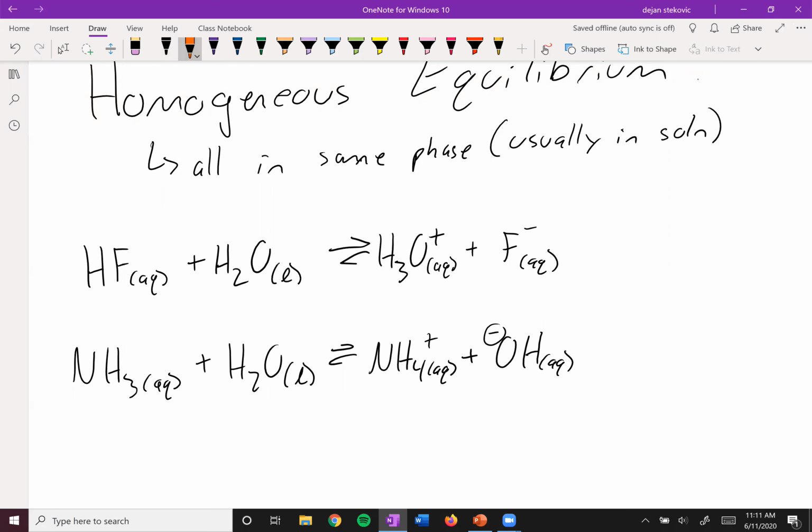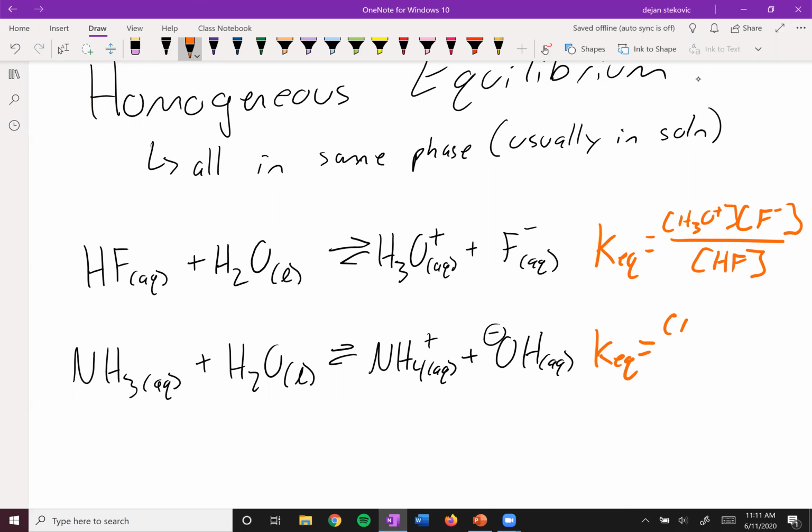And so I'll give you the KEQ for both of these, the equilibrium constant. For this one, it's H3O plus times F minus, the two products, both coefficient of 1, over HF. And then the KEQ down here is NH4 plus times hydroxide over NH3.